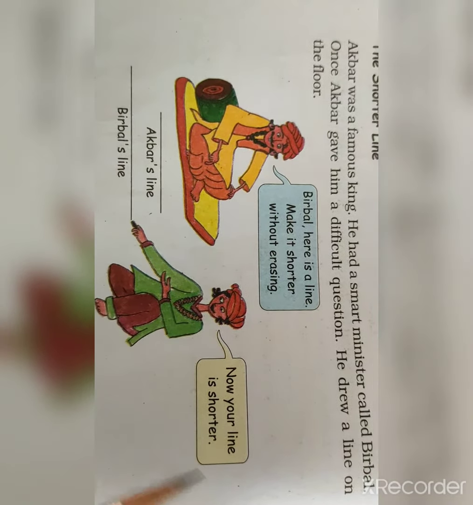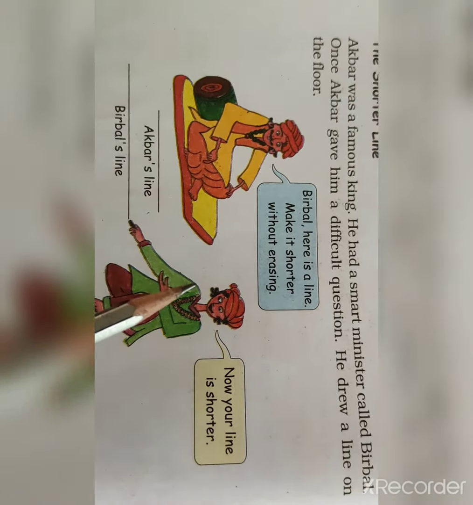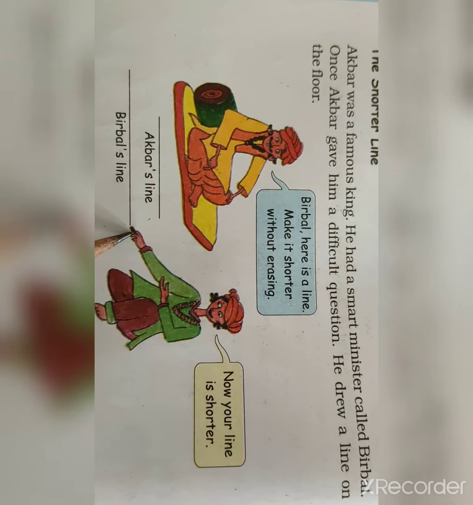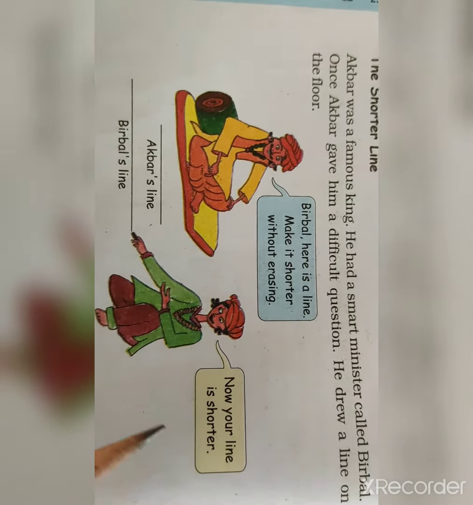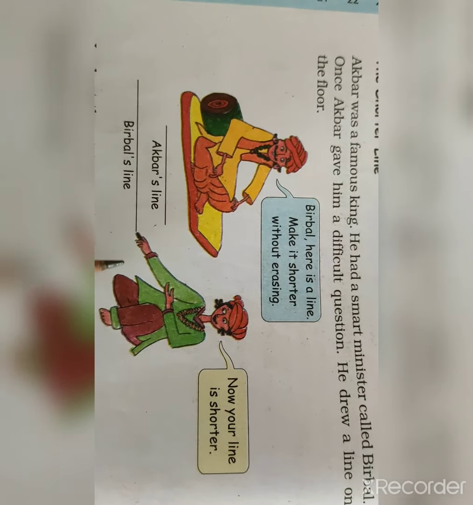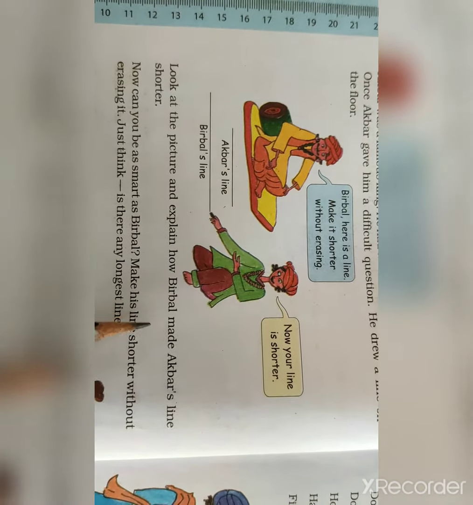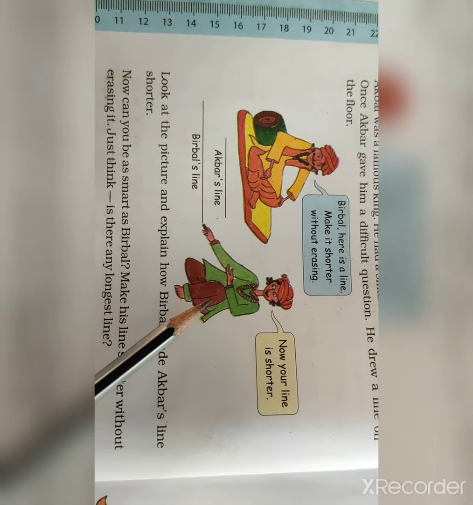So what has he done? Now your line is shorter. Birbal, with a chalk or something in his hand, has drawn it. It is Birbal's line. Look at the picture and explain how Birbal made Akbar's line shorter. What Birbal has done?